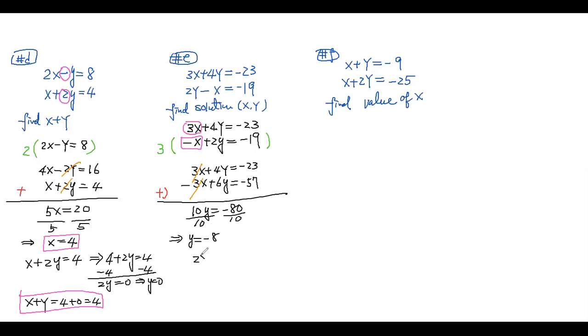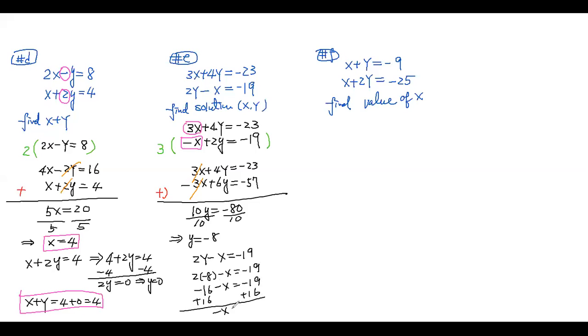So I'm going to substitute into the second equation, 2y minus x is equal to negative 19. So 2 times negative 8, so it's negative 16 minus x equal to negative 19. So I plus 16, plus 16.